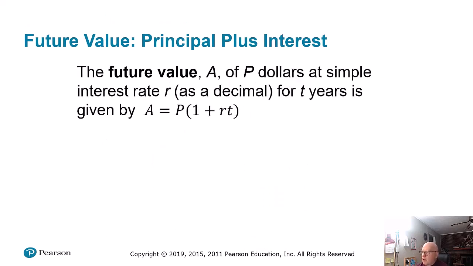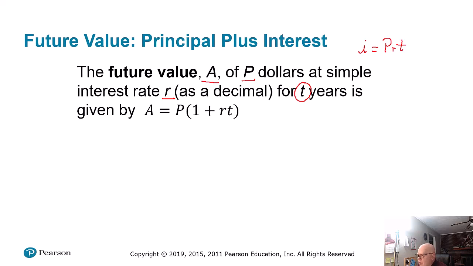Next, future value. A for amount, P dollars, that's principal. Simple interest rate, R. And if you're taking for T years, here's your calculation. Now remember, the one we had before was just for the interest. This one's for how much is there at the end of T years.